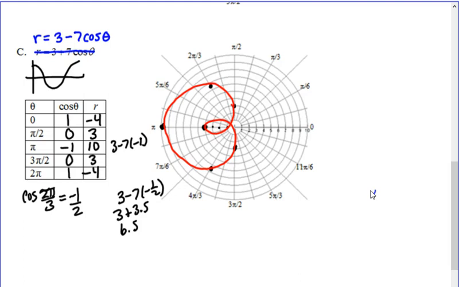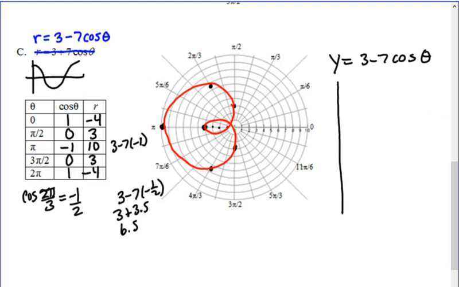If I were to graph this one using y equals, I'll just do one more of these, 3 minus 7 cosine of theta. This is one where my sinusoidal axis is 3 and my amplitude is 7, but because it's negative 7, it's actually an upside down cosine. I don't know if you remember doing those. That's been a while.